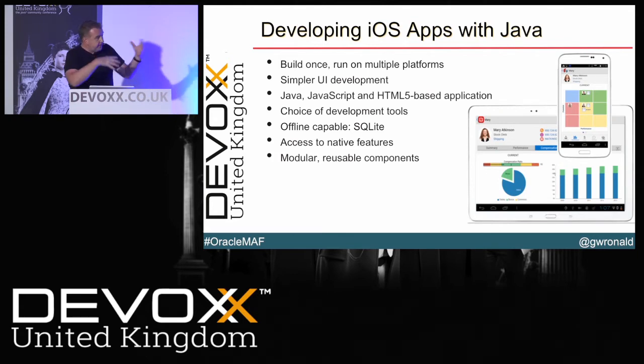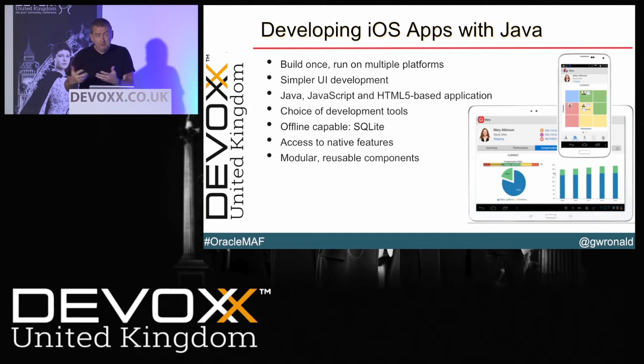So these are the very brief, high-level goals of what we're trying to achieve with our application framework. Build once, run on iOS and Android. Simpler UI development. We have pre-created about 80 UI components, allowing you to essentially drag and drop those components and easily bind them to data.